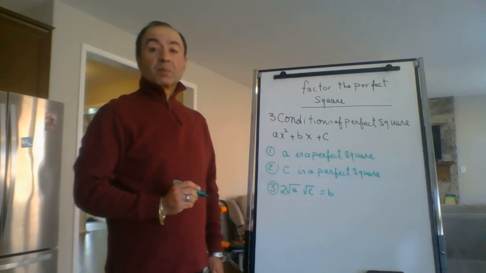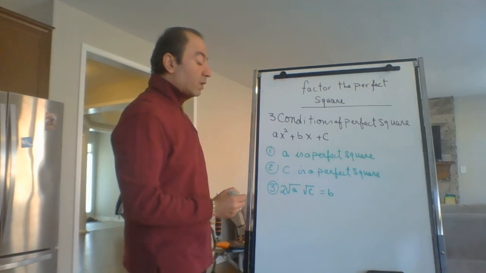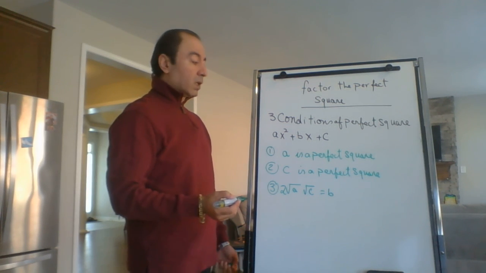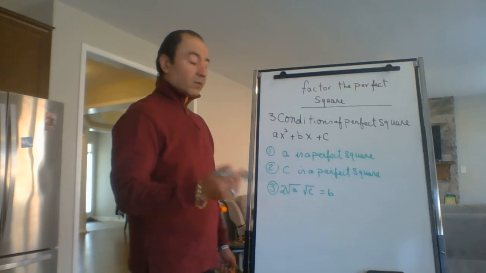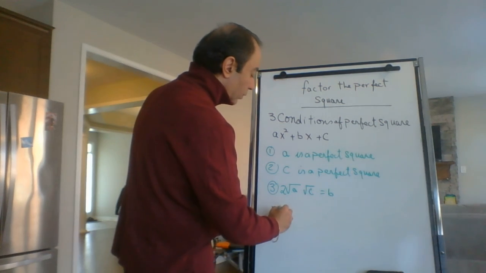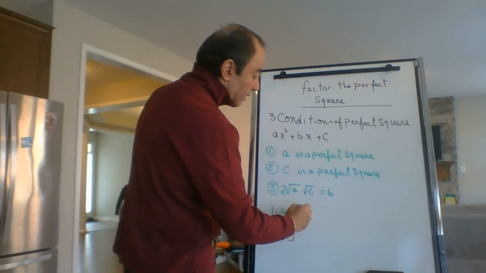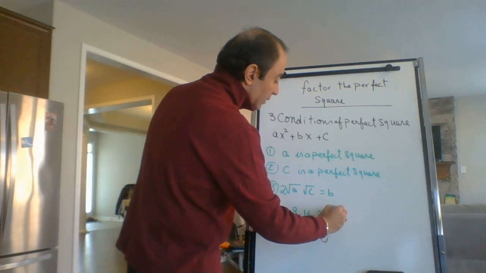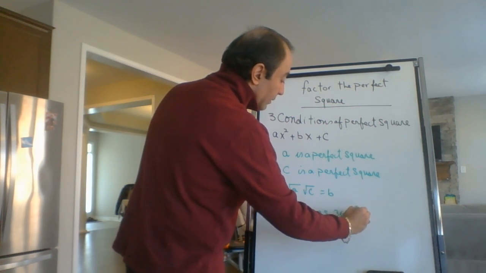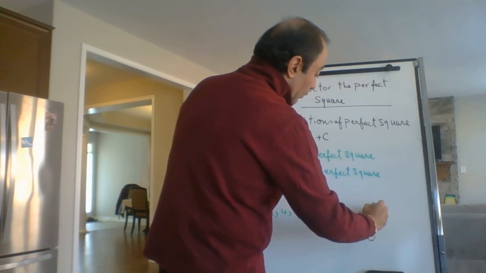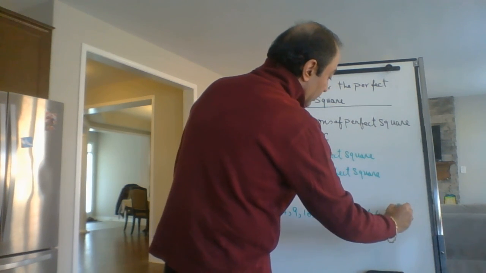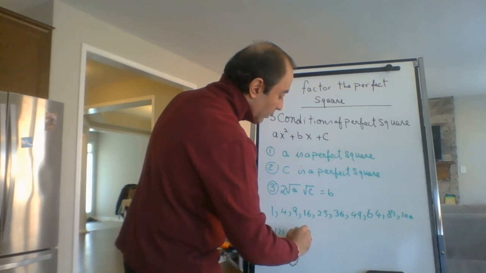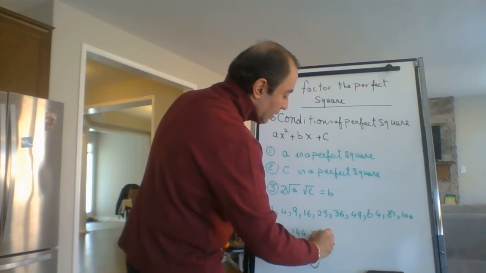Who can tell me what a perfect square is? Perfect squares are the numbers that we can find the square root of without a calculator. Square root of like 1, 4, 9, 16, 25, 36, 49, 64, 81, 100, 121, 144, 169, all of those are perfect squares.